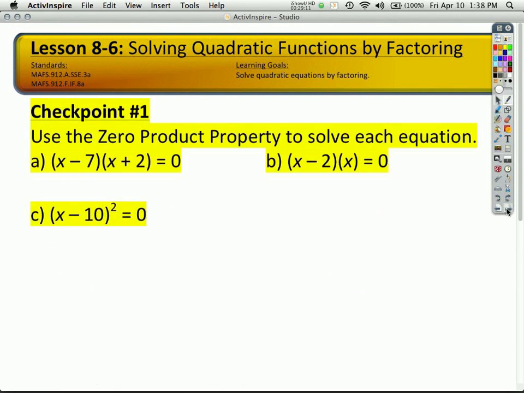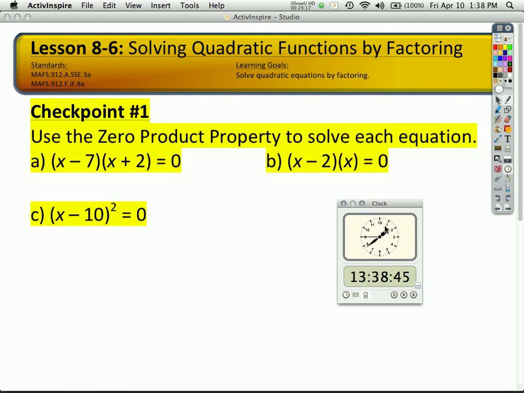Good, now you're on your own. Checkpoint number 1. Solve each of these. You've got 3 of them. You got 3 minutes.